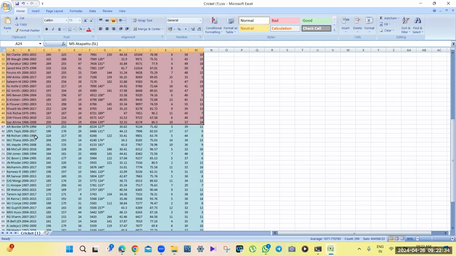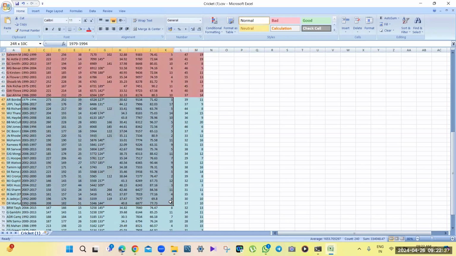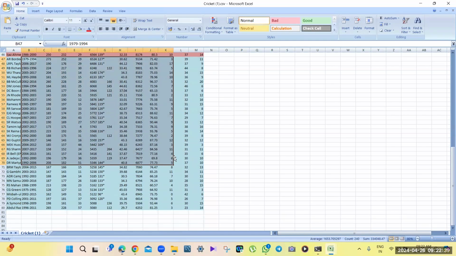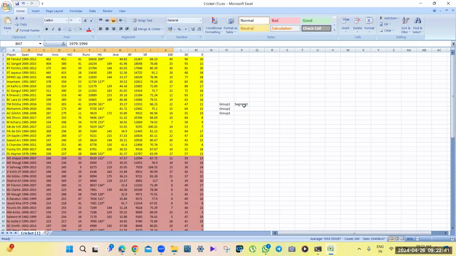And they might say these are the lowest ones, mostly bowlers and all those things. So ICC will create three segments: segment one, segment two, segment three. Based on that, ICC will probably give them incentive, or some retirement fund or something like that.